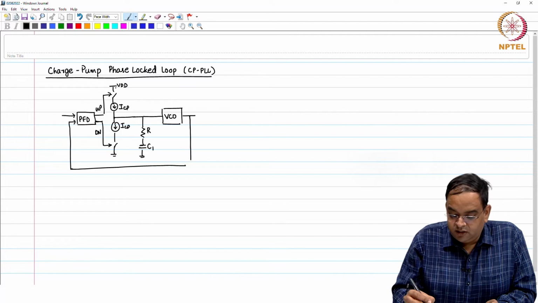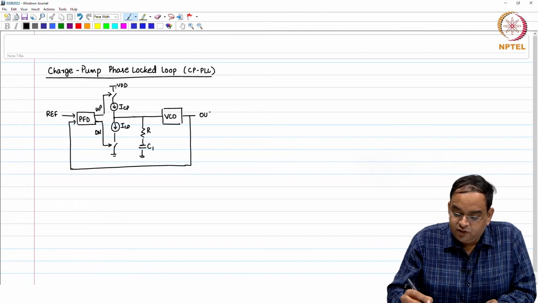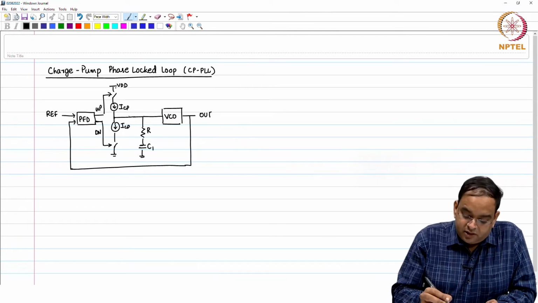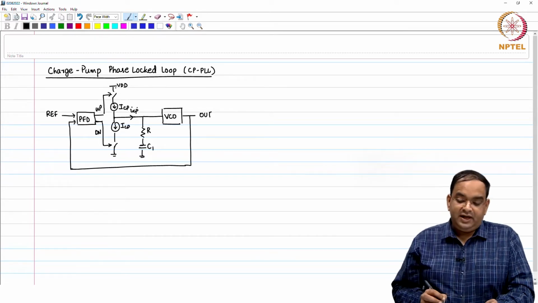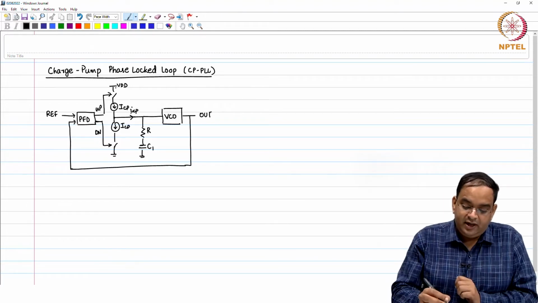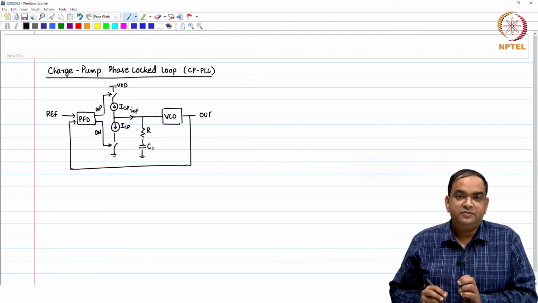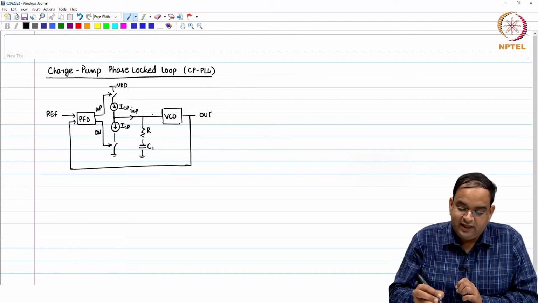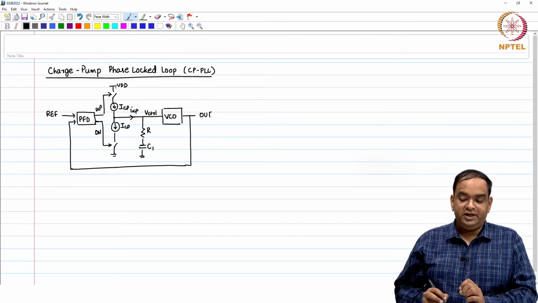Here this is your reference signal, I will write this as reference, and this is your output signal. The current which comes out of the charge pump, I will write that as a small ICP. See, capital ICP is the current in the charge pump, and depending on which switch is open, what current is flowing, that I am specifying with small ICP. This node voltage is the control voltage.